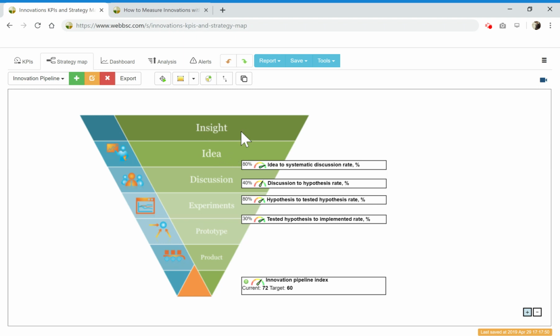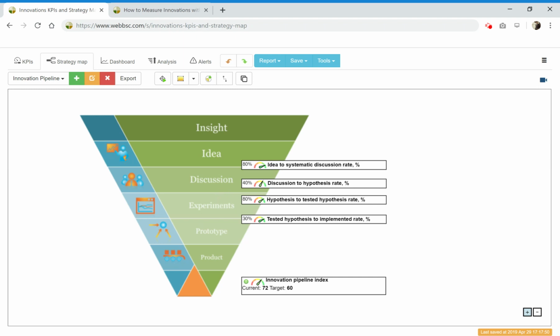Actually, we can track the conversion rates for all these levels. So we can track the percent of the ideas that were converted from the level of idea to the level of discussion. Then we can track the percent of ideas that were converted from discussion to a very specific experiment, because discussion is not yet an experiment.